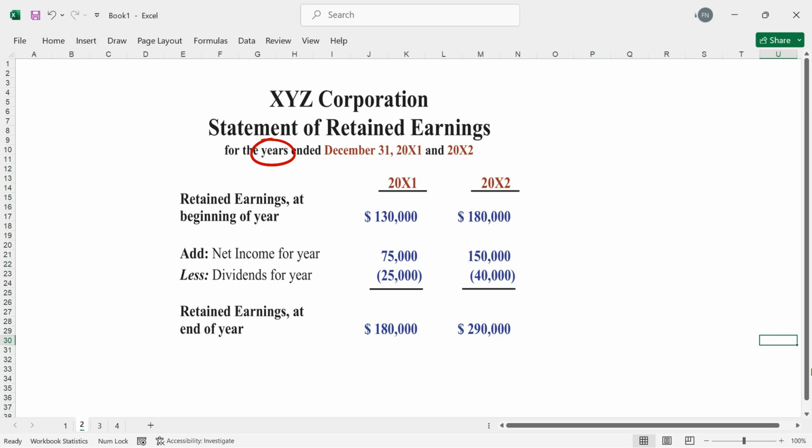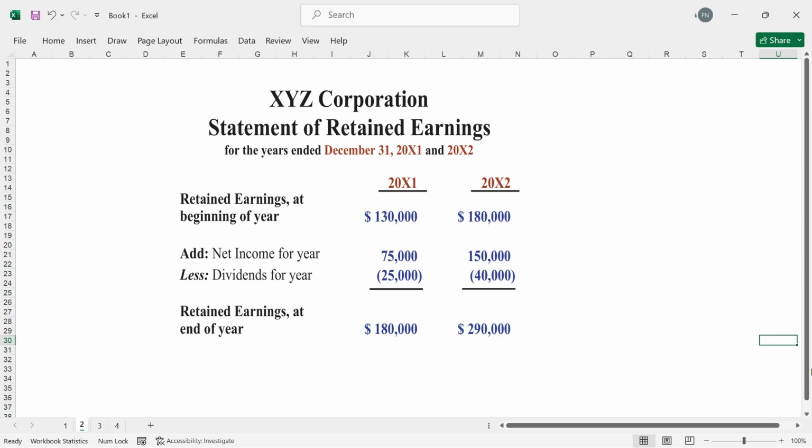It is not reflective of balances as of the end of the year, but this is an expression of what happened during the year. This is a statement of retained earnings for the years. What happened during the year ended December 31st, 20X1, and what happened during the year ended December 31st, 20X2.